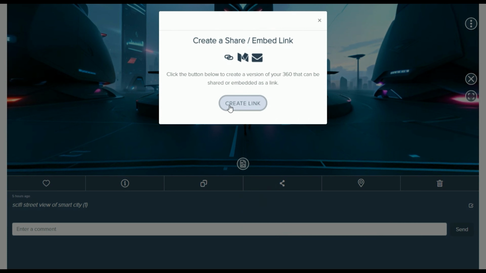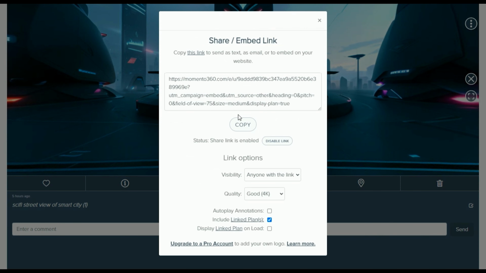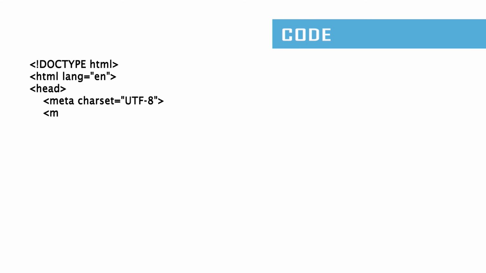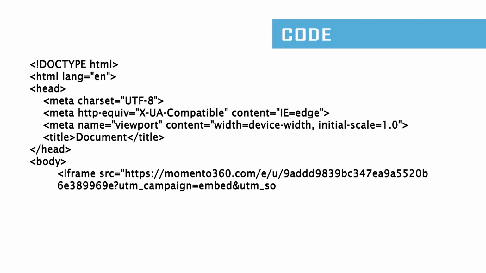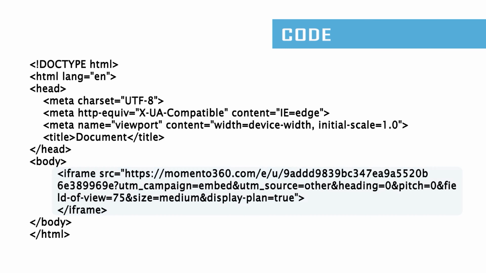Now you can create an HTML file and paste this link inside the source of iframe tag. Your 360 image will be embedded in the HTML file.